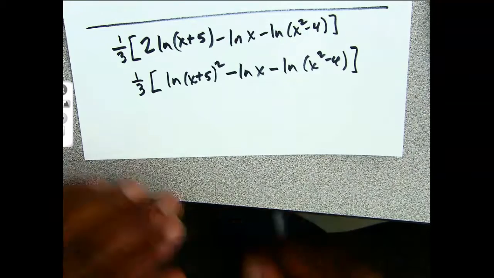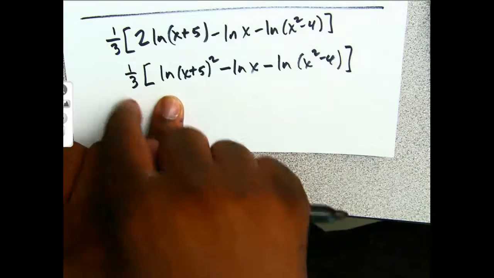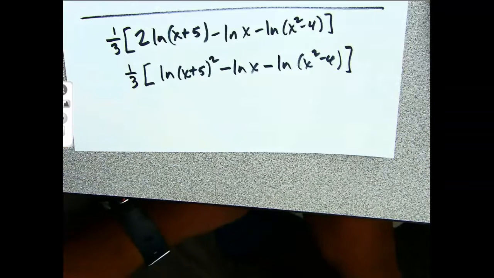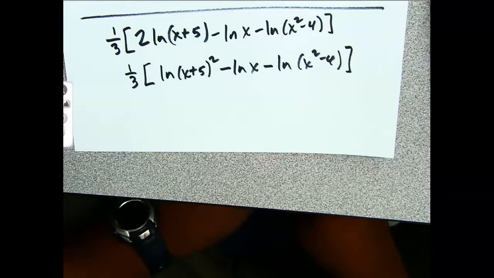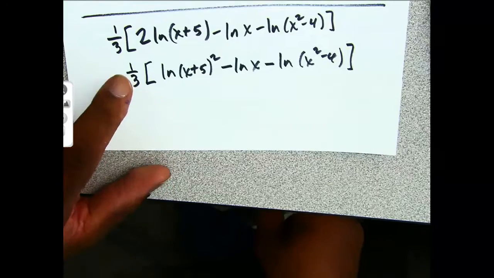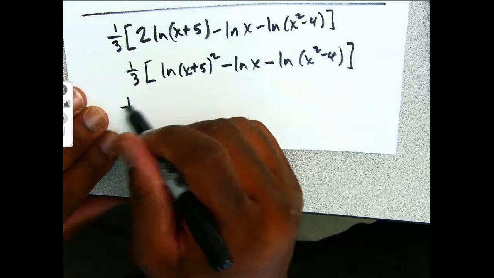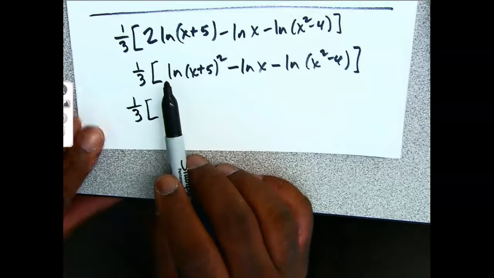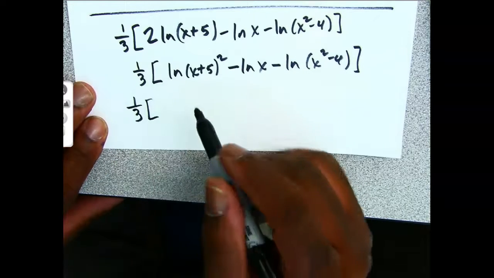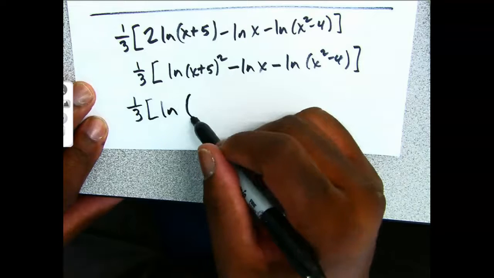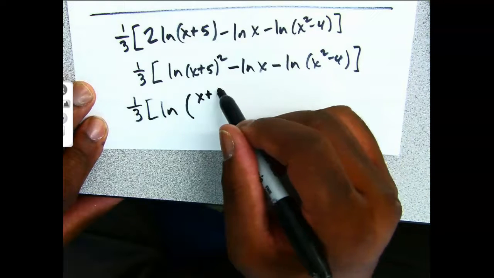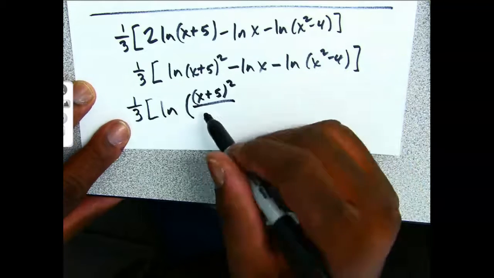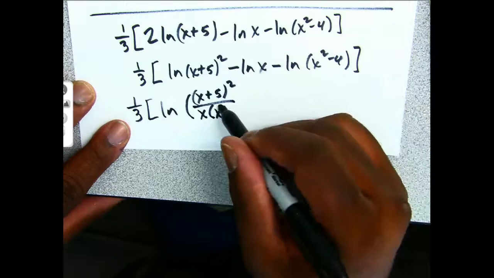So at this point, do we do what's inside the bracket, then deal with the 1/3, or do we distribute the 1/3 and go through the process? Does it matter? Okay, so let's proceed right now with doing the 1/3 last. So this is 1/3 times, now that the coefficient here is 1, the natural log of x plus 5 squared divided by x times x squared minus 4.